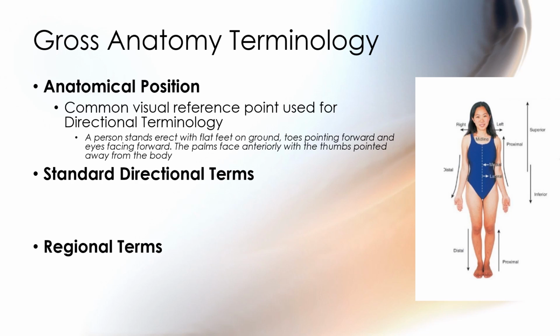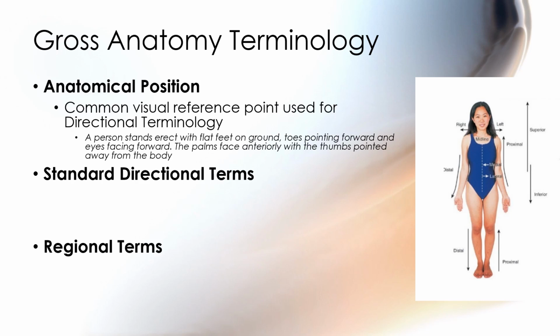You're standing with your toes pointing forward, your eyes facing forward, and your palms facing forward, and the thumbs pointing out, away from the body. So whenever we talk about the body and any anatomical structure, we're always imagining the body in anatomical position.